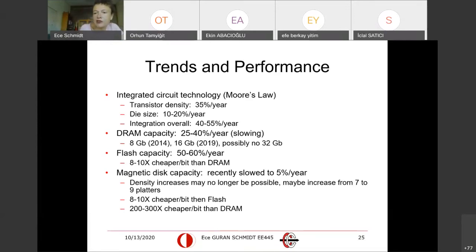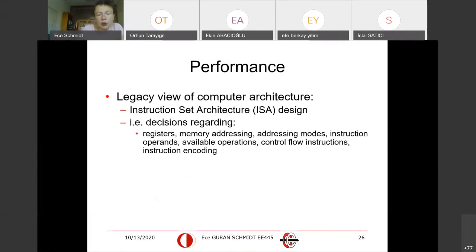such that you can fulfill the application requirements. Now, this legacy view of computer architecture focused on instruction set architecture design. They were thinking about how many registers, how they should be connected, how we should do the addressing, the different addressing modes, how the operands should be formatted to pass to the instruction, what kind of operations, what kind of controls we should have, and so on.